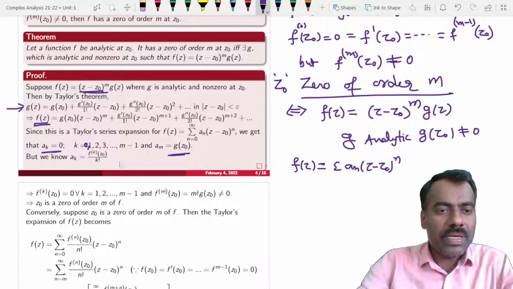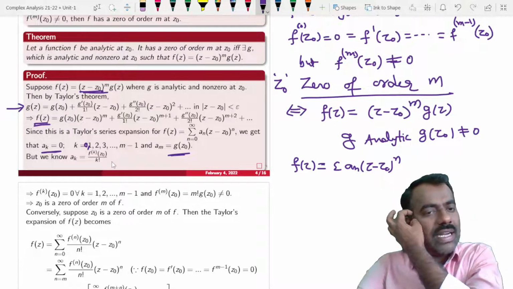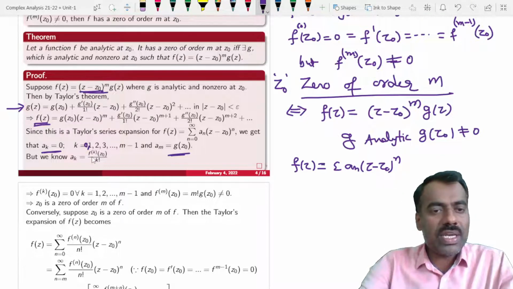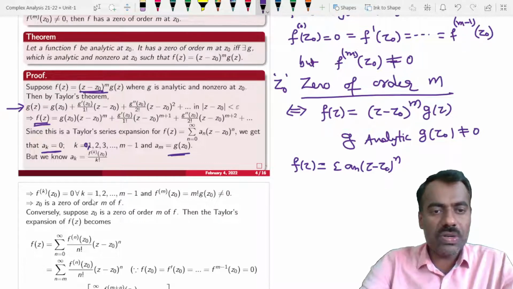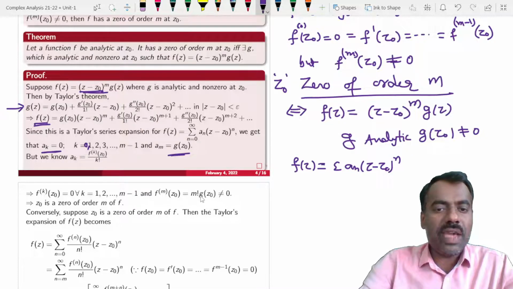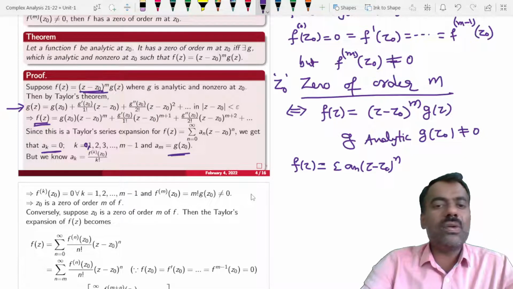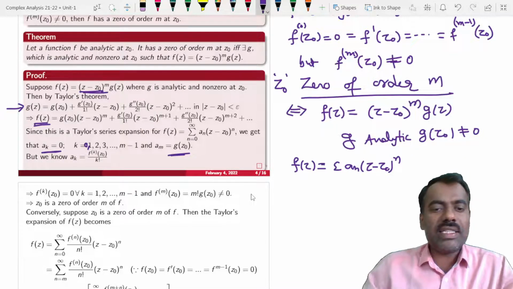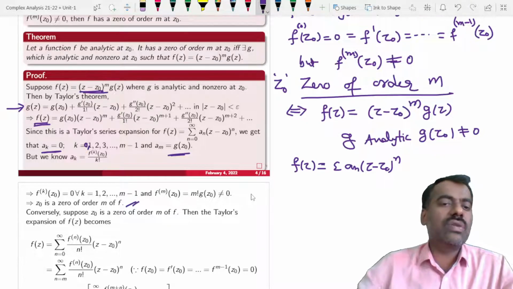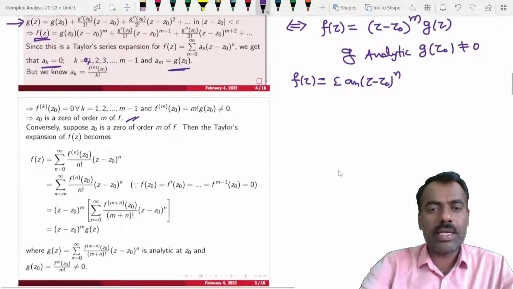But in this Taylor series expansion, the formula for each a k is f k of z naught upon k factorial. That shows that f k of z naught is equal to 0 for all k less than m, and f m of z naught is equal to m factorial into g of z naught, which is not equal to 0. So f m of z naught is non-zero, but up to m minus 1 they are all 0. Therefore z naught is a 0 of order m.